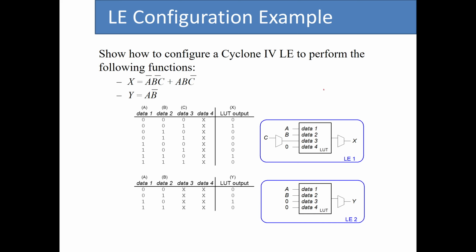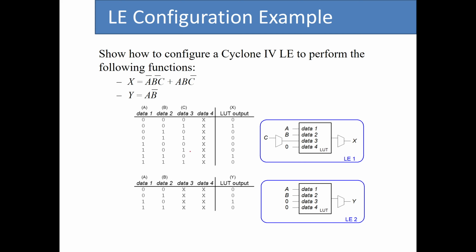So if you remember, we had a lookup table with 4 inputs. So for implementing X, we actually need 3 inputs, A, B, and C. So we directly connect A, B here. We connect C through this multiplexer. And then we need to create this lookup table.